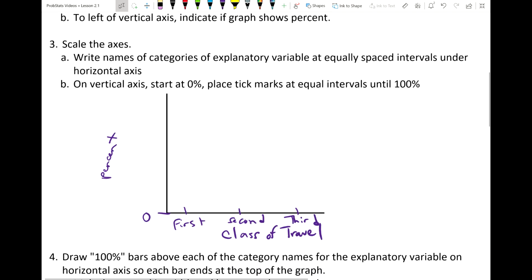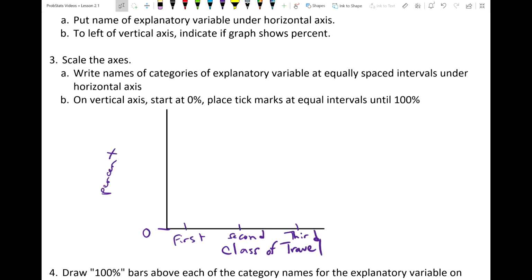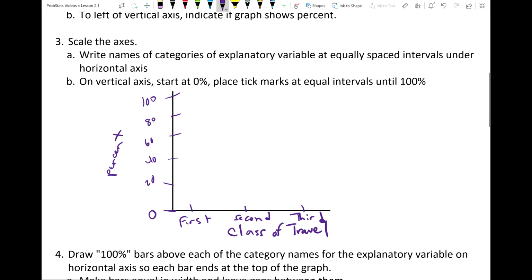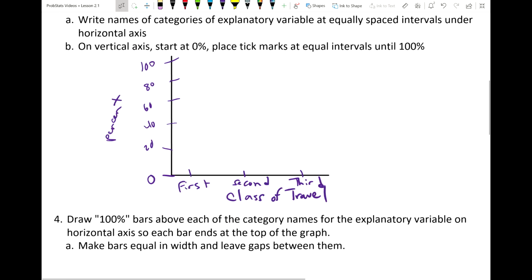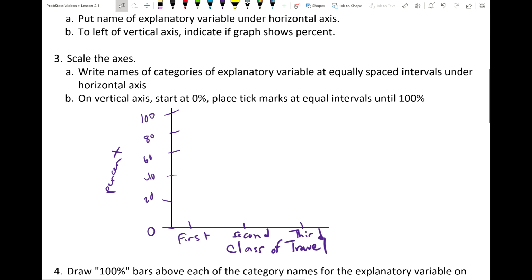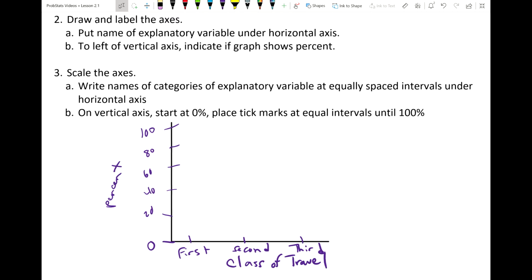If we look at the scale, let's just say we go by 20s. All right, so we set up step 2 and step 3. So scale the axes and draw and label the axes.